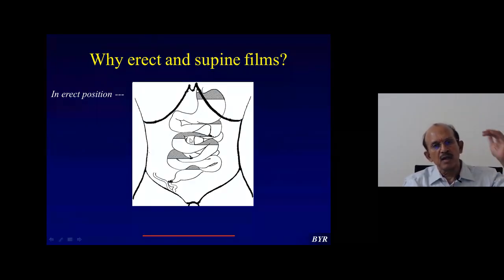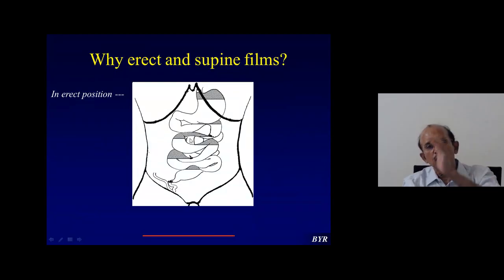In the first one there are only 2, in the latter one there are 10 air fluid levels. So what does it mean? If there are only 2 air fluid levels, it is a more proximal obstruction. If there are 10 fluid levels, it is a lower obstruction.